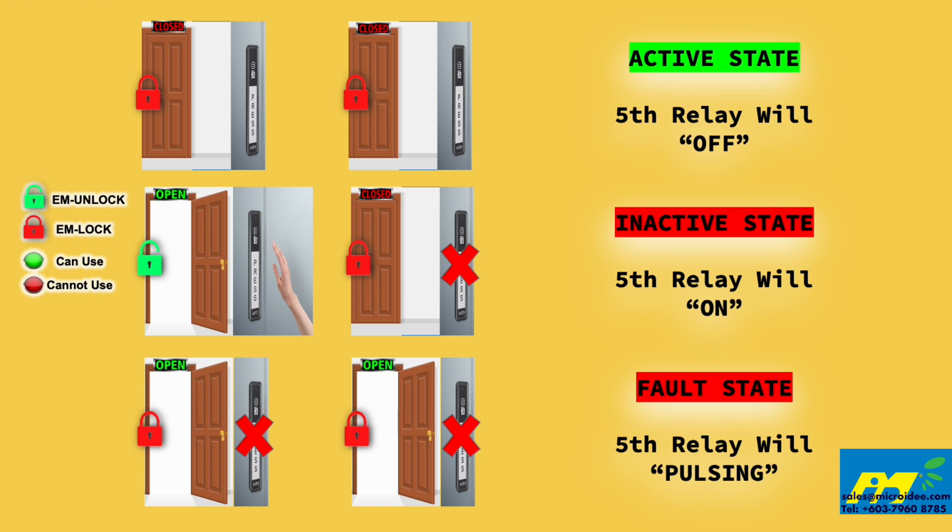For some reason, which is not supposed to happen, if both doors are open, then it goes into the fault state, where the green and red lights will be pulsing one after another, green, red, green, red. This will indicate that something has gone wrong. This is not supposed to happen, but just in case, we have a warning sign.